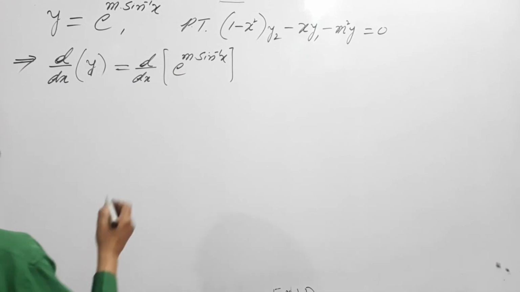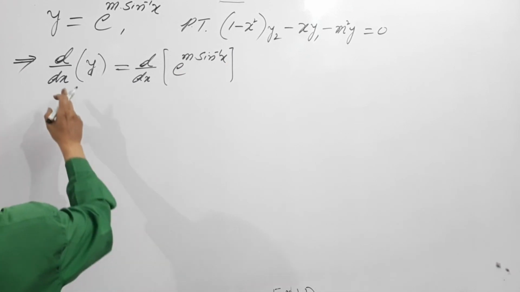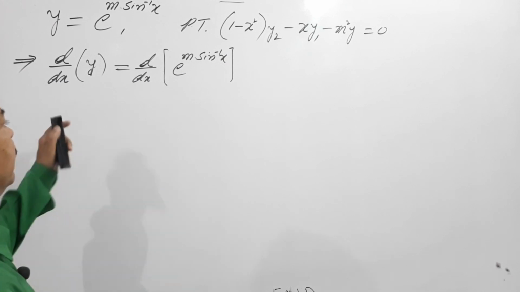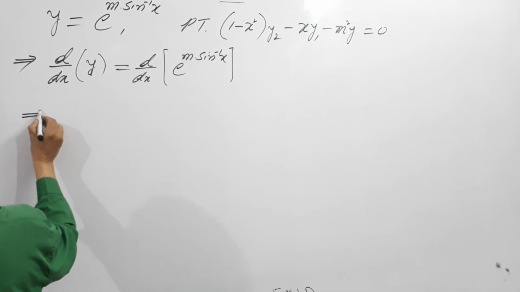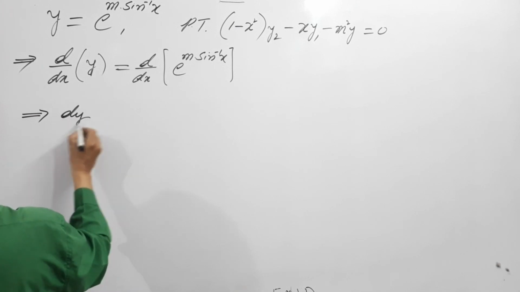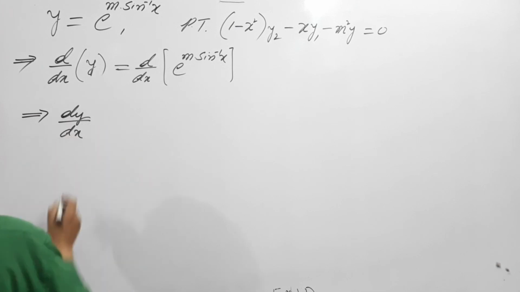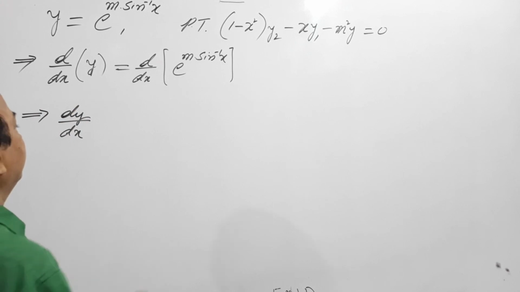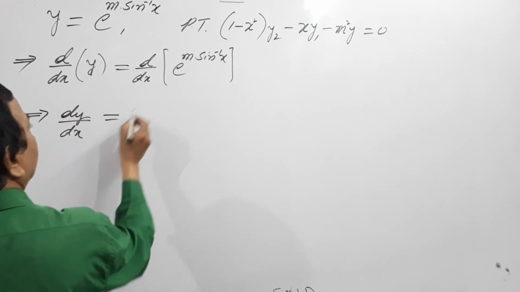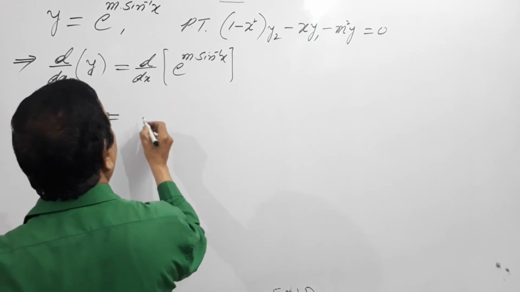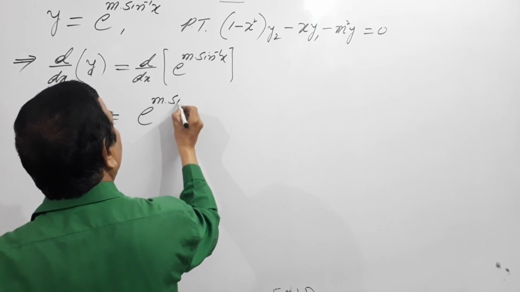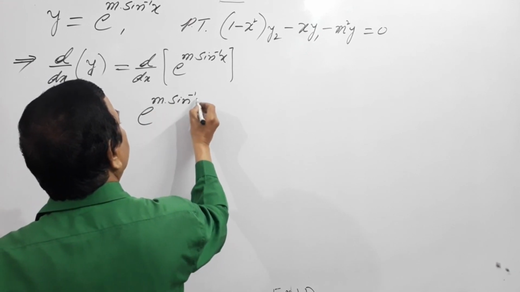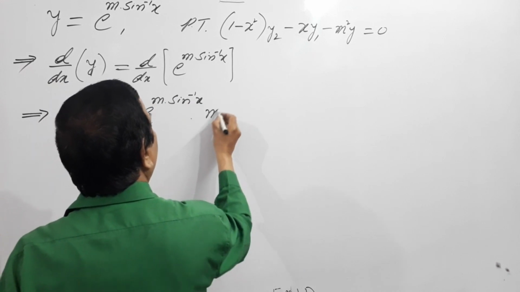Okay, so let's differentiate this. What happens? d by dx of y is dy by dx. So this becomes what? If you differentiate y with respect to x, it becomes dy by dx equals to, you have to differentiate this, becomes what? e to the power of m sine inverse x into m.